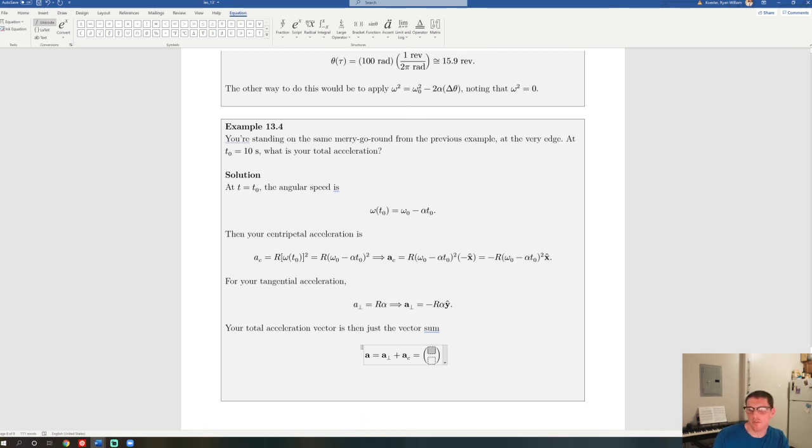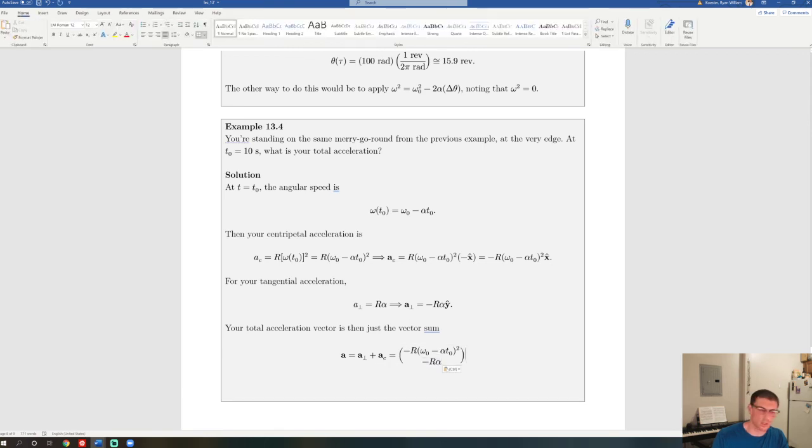This only has an x component, the centripetal acceleration, and this only has a y component. And so these are indeed perpendicular to each other.